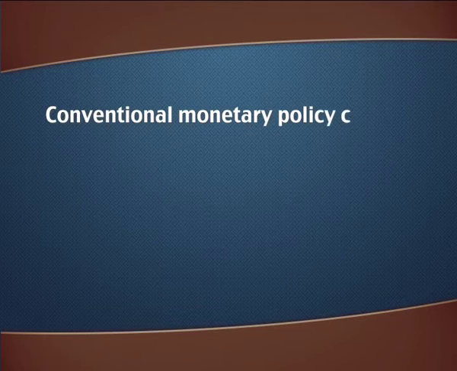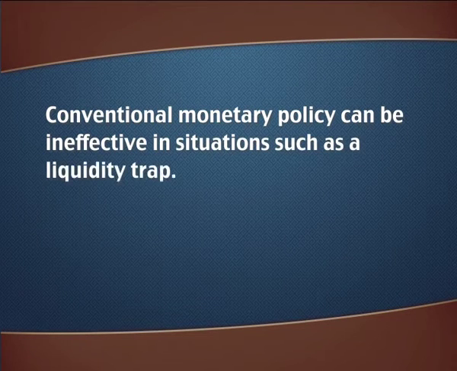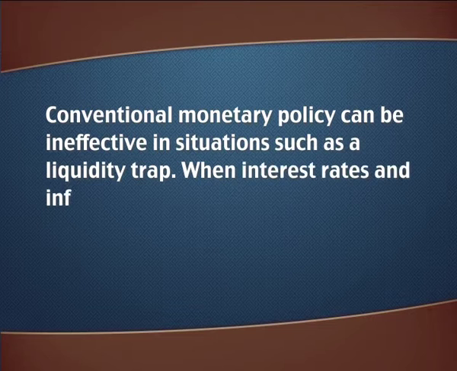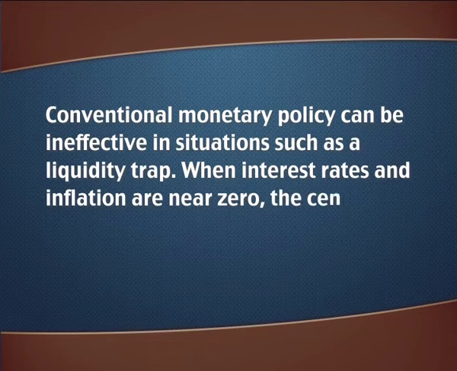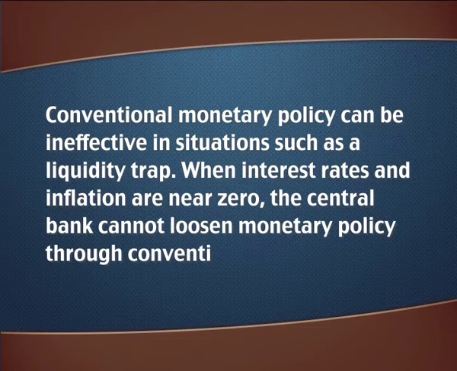Conventional monetary policy can be ineffective in situations such as a liquidity trap. When interest rates and inflation are near zero, the central bank cannot loosen monetary policy through conventional means. Central banks can use unconventional monetary policy such as quantitative easing to help increase output.